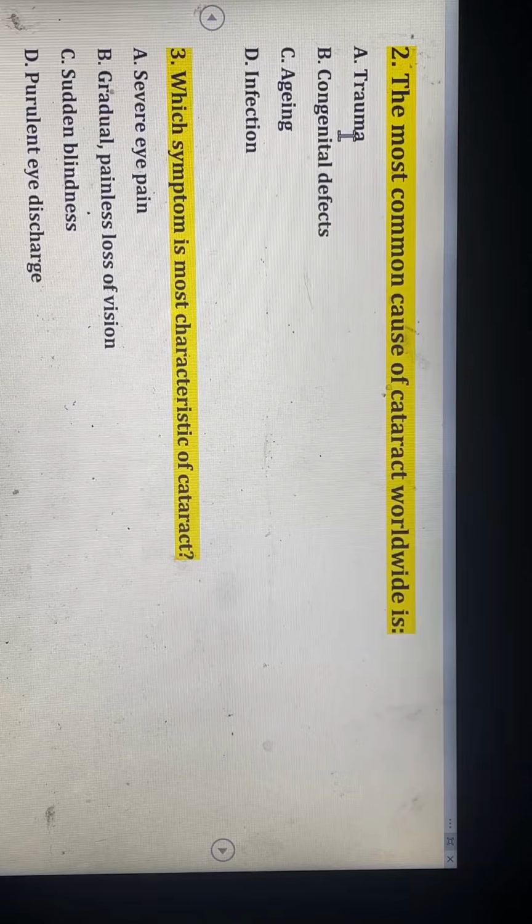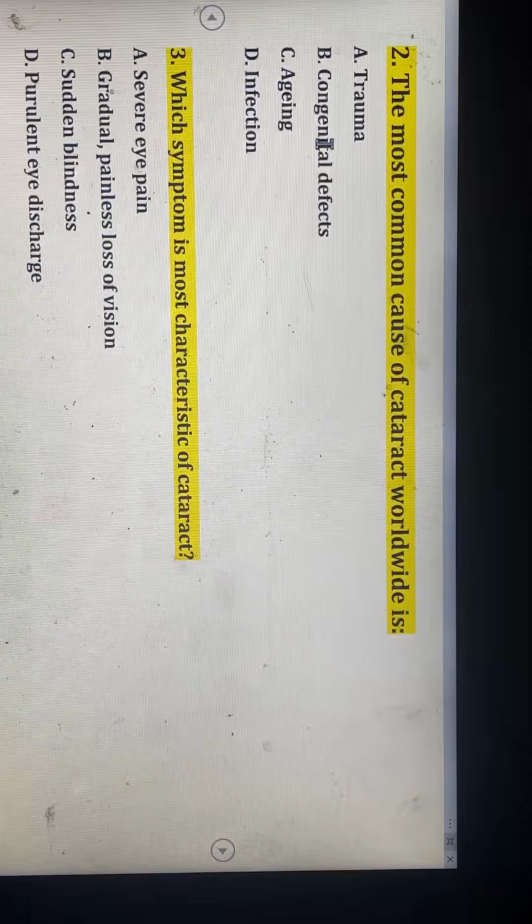All these are causes of cataract. But in your council, make sure you read the questions clearly and understand the pinpoint answer they are demanding from you. Because one question can cause a student to fail, and one question can cause a student to do what? Pass.